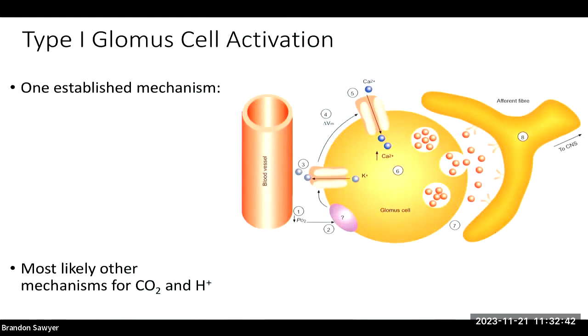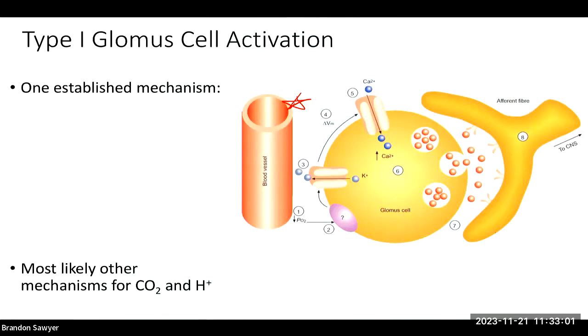Okay, so we can see this type 1 glomus cell is right next to blood vessels. There are multiple mechanisms, and it's not fully mapped out how it senses CO2 and hydrogen, but it is mapped out for how it senses oxygen.